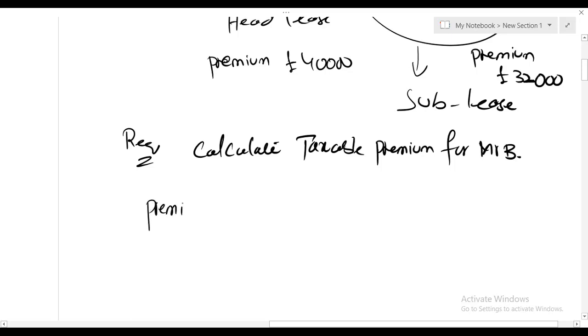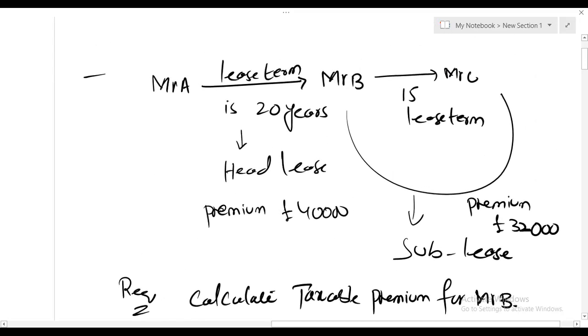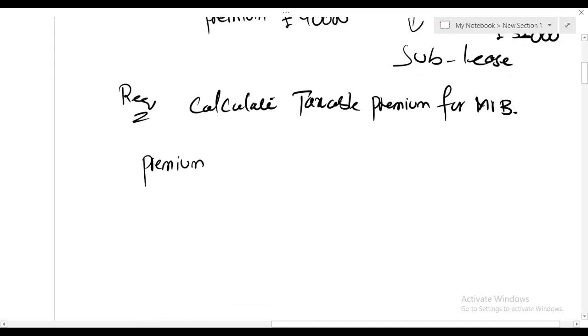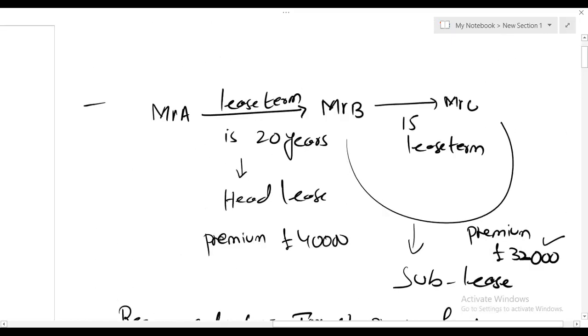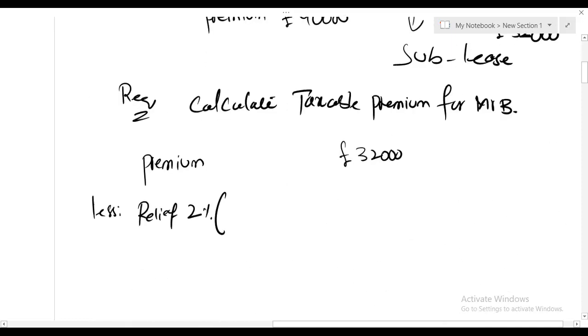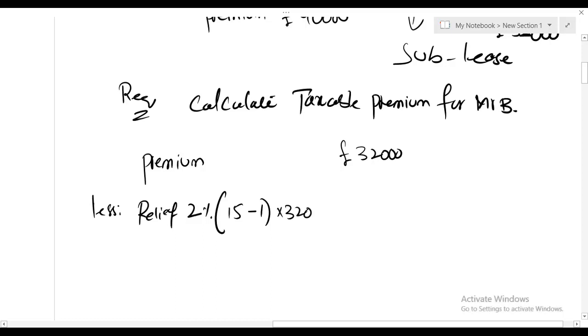First, you need to write the premium which Mr. B has received, which is 32,000. From this 32,000, you need to deduct a simple relief, and the relief is 2% (n minus 1) into the amount of the premium. Less relief, which is 2%. In case of sublease, n is 15, so (15 minus 1) into 32,000.